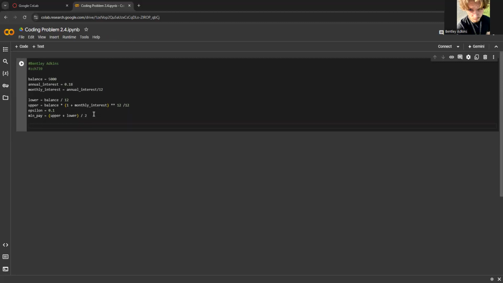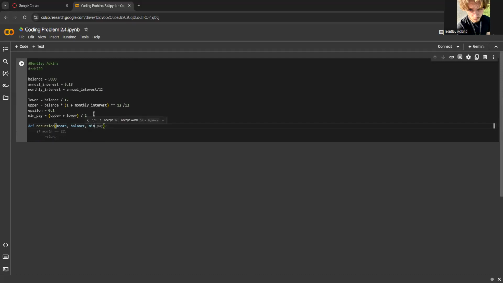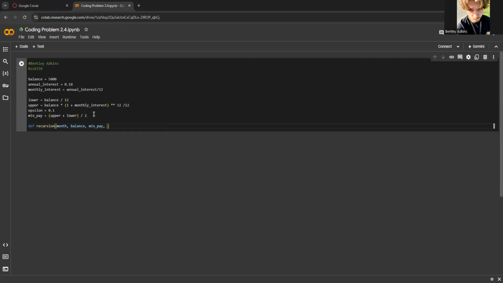And we're going to define a method, and we're going to define recursion because we are using recursion for this to get the payment. And we're going to set a month. We're going to define a balance, a minimum payment, and a monthly interest.